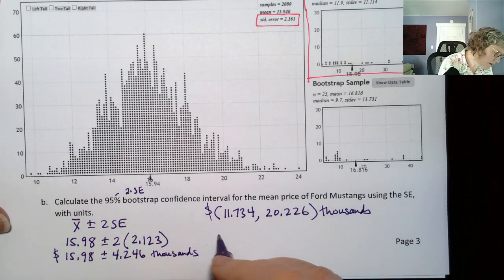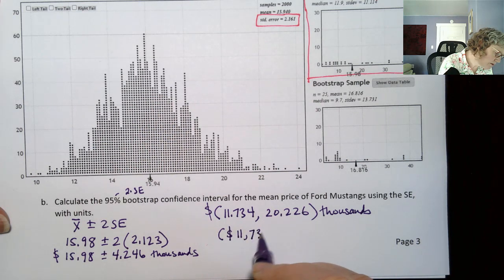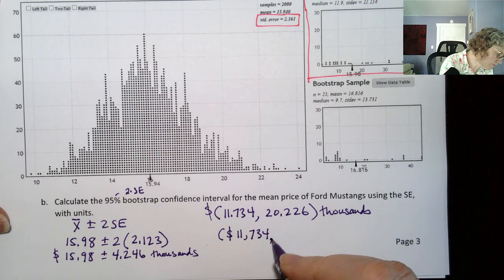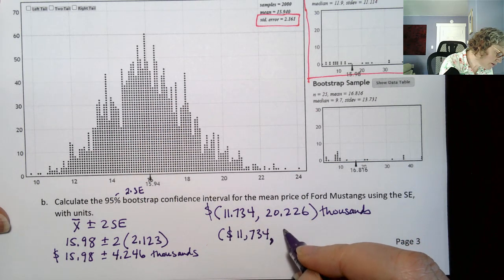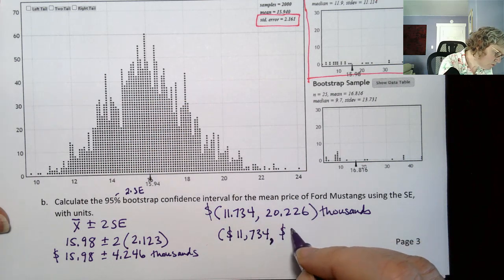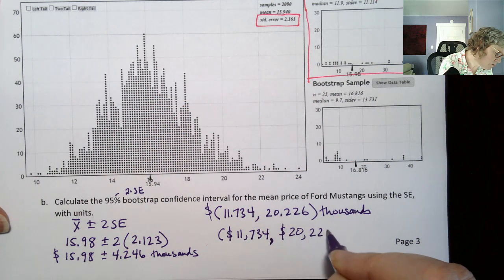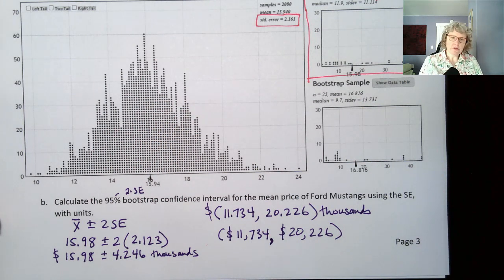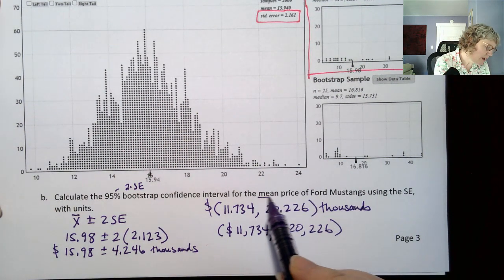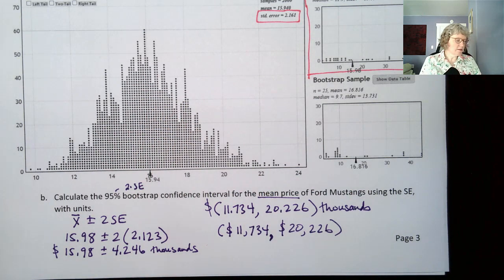So, or you could write it in 11,734, which I think does help people understand what we're doing if you make it more concrete. So that's $11,734 to $20,226. Okay, so remember we're estimating the mean price of Ford Mustangs, Ford Mustang cars that are for sale these days.